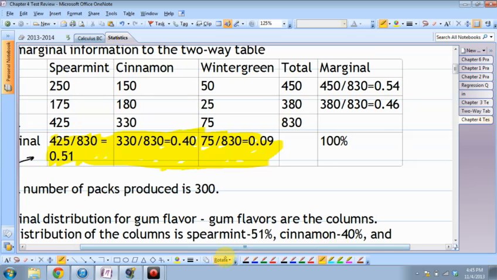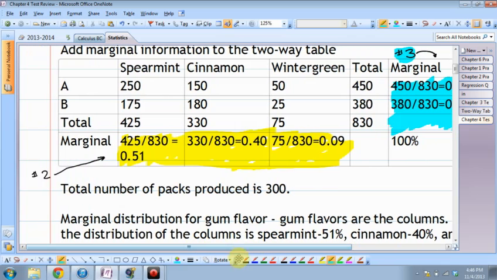Question 3 is this marginal distribution right here. That's question 3. Here's question 2. Question 2, question 3. That takes care of that.